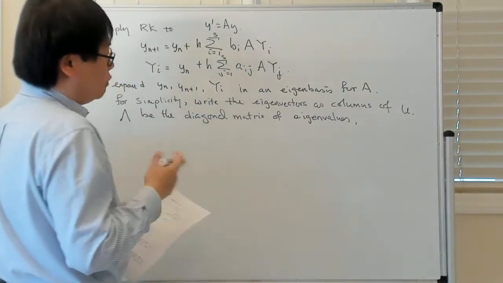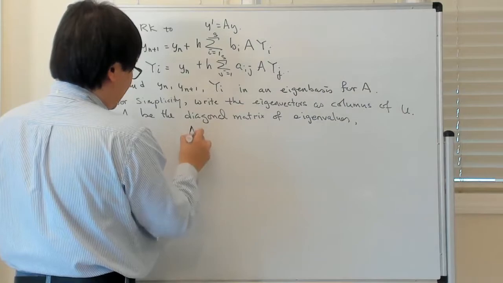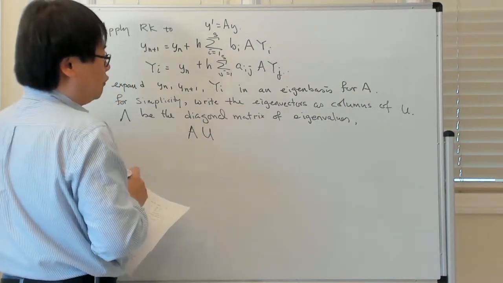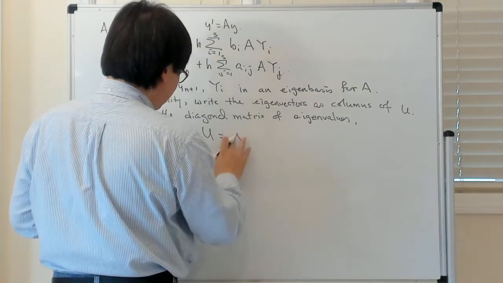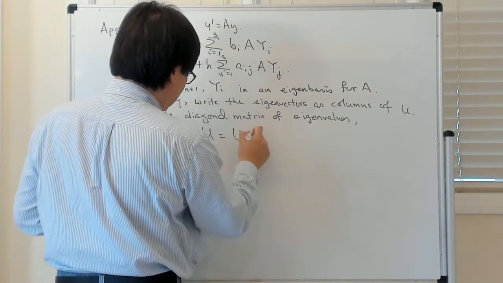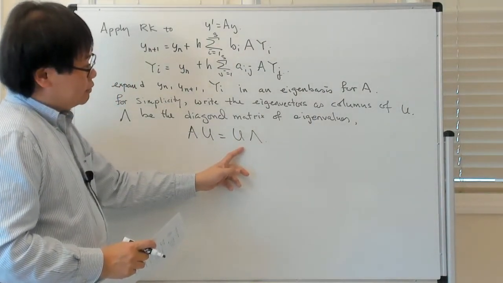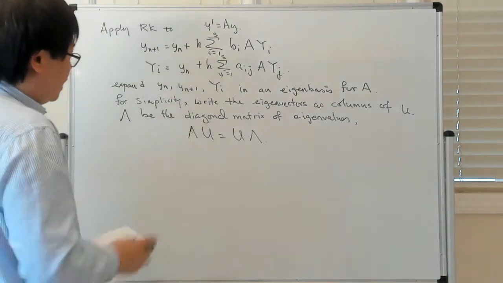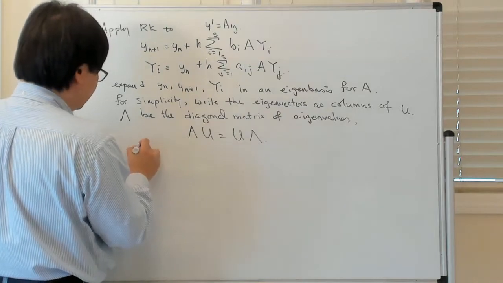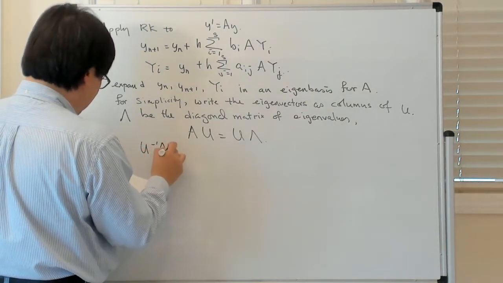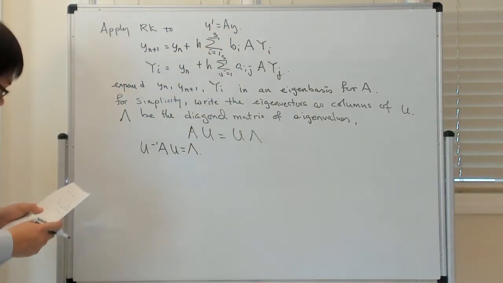Then the eigenvector relationship can be written as A U equals U lambda, where U is the matrix of eigenvectors and lambda is the diagonal matrix of eigenvalues. So what that means is that U transpose A U is equal to this diagonal matrix of eigenvalues, right?